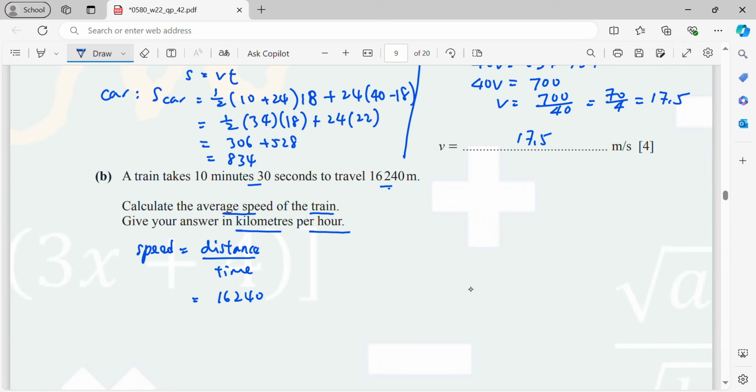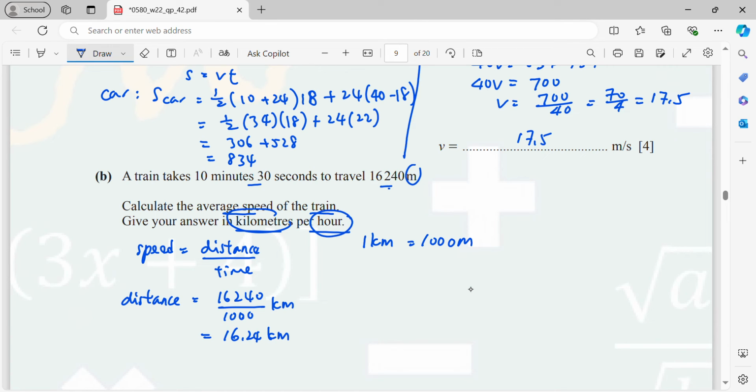I change it to kilometers first. 1 kilometer equals 1000 meters. So if I consider my distance over 1000, this will be in kilometers. So I will be getting 16.24 kilometers.